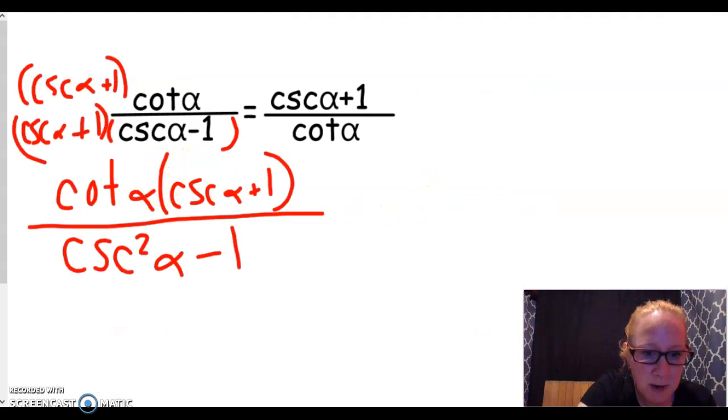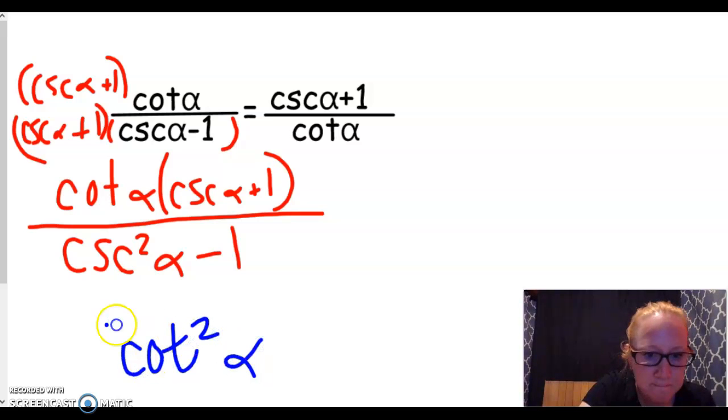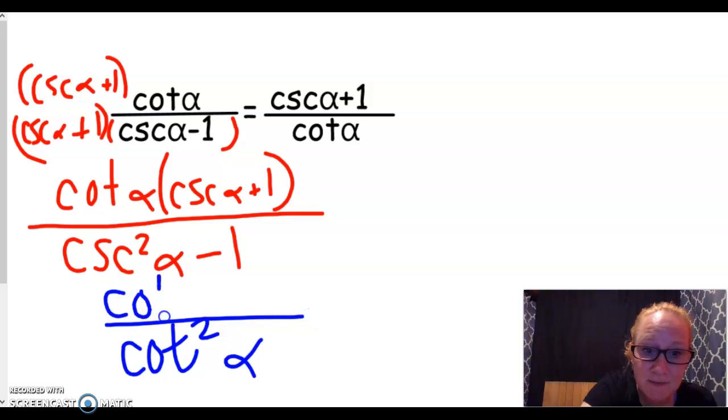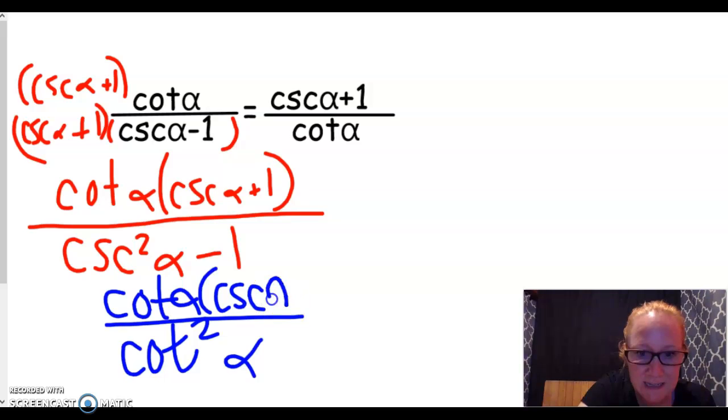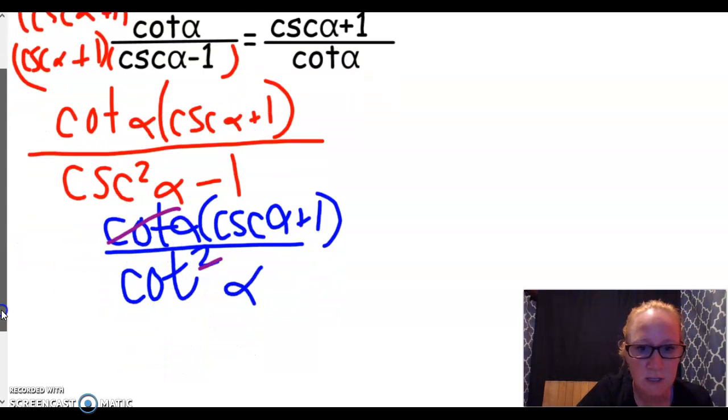Okay, so now the bottom is cotangent squared of alpha. And on the top, I've got cotangent of alpha times cosecant plus 1. Okay, so I can cancel out a cotangent on the top and the bottom.